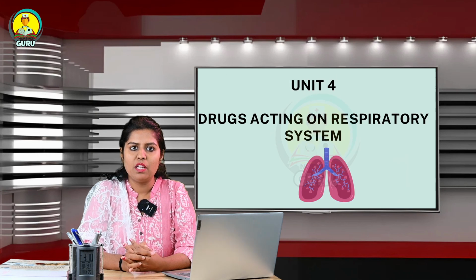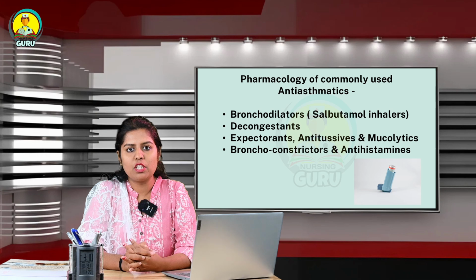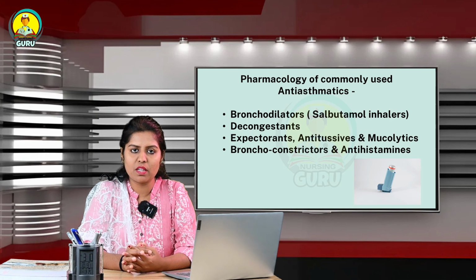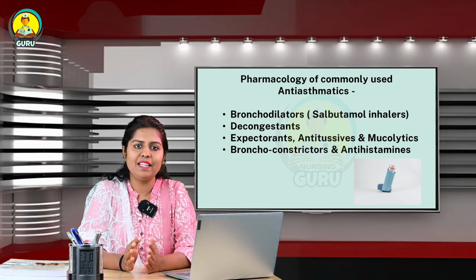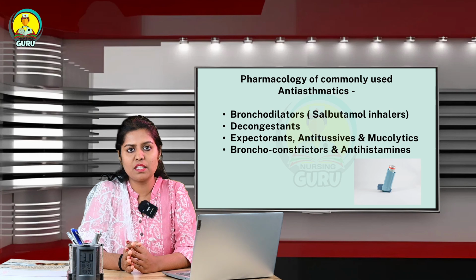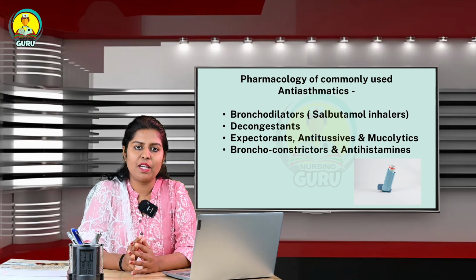Next, Unit 4, drugs acting on respiratory system. The pharmacology of commonly used anti-asthmatics, bronchodilators. Bronchodilators are very important. Sometimes they will ask for 2 marks and sometimes they will ask anti-asthmatics and bronchodilators for 5 marks. You need to write all the anti-asthmatics and any one drug you can explain.